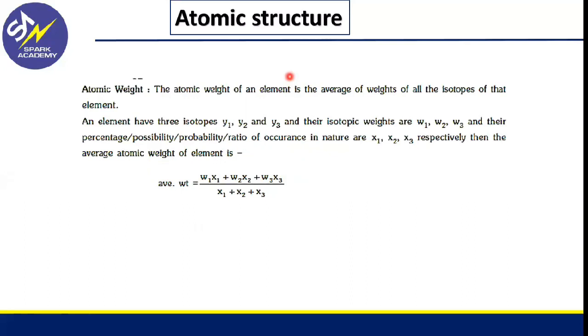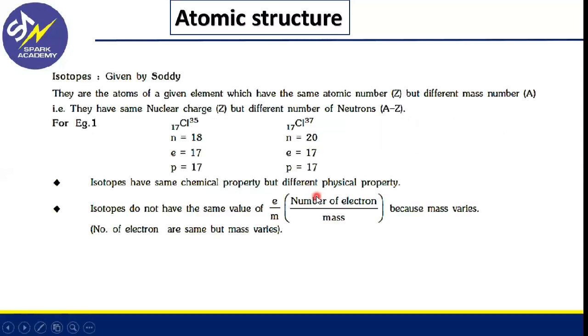Average atomic weight is given for such elements where there are different isotopes, based on the percentage of each isotope. So the weight of each isotope times its percentage, plus the same for the other isotopes present, divided by the sum of all the percentages, will give you the average weight. So W1 X1 plus W2 X2 plus W3 X3, divided by X1 plus X2 plus X3, will give you the value of the average atomic weight.